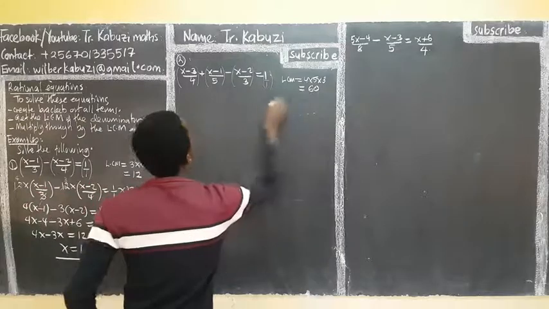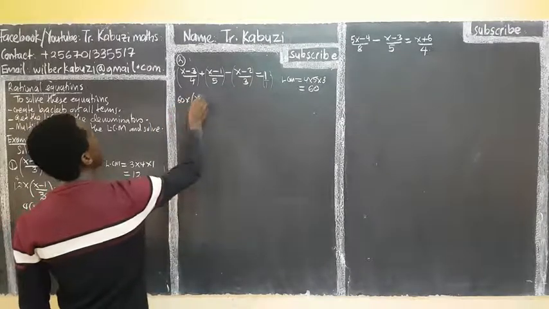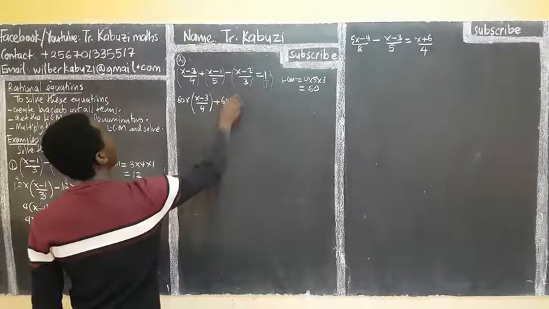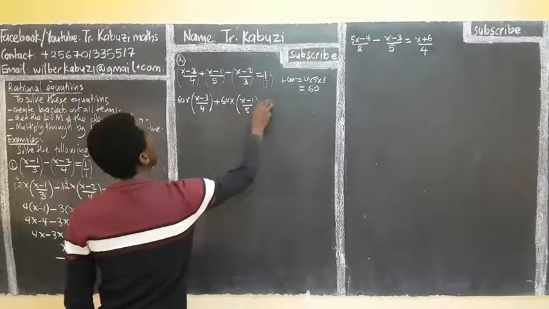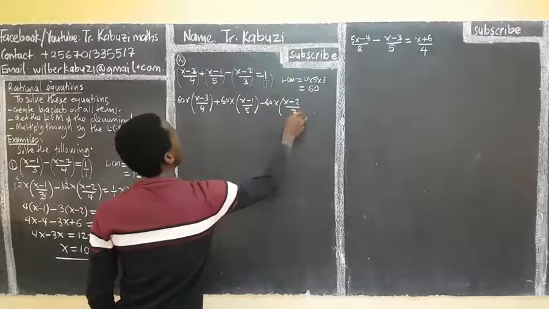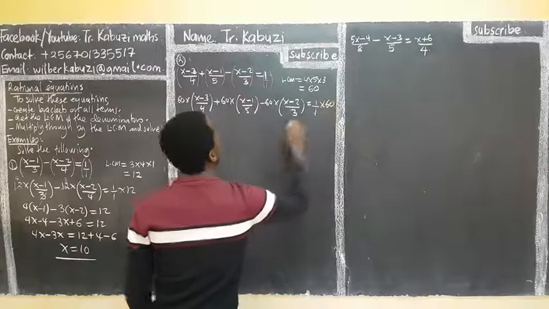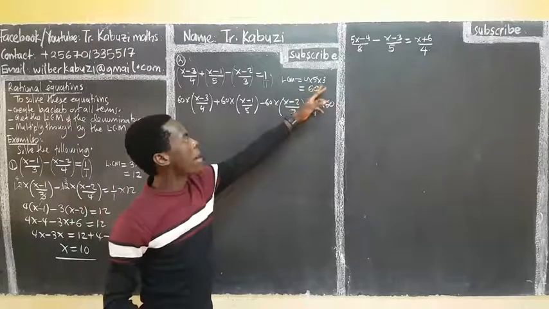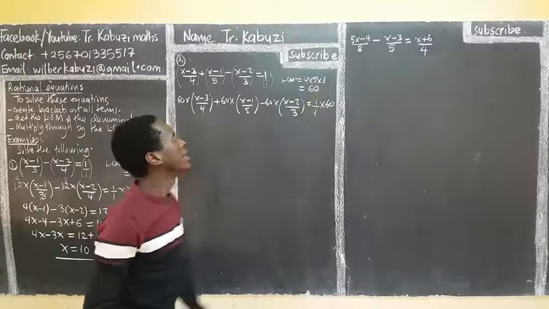Now, after getting our 60, we multiply it by the 60. So 60 times over 4 times 60. We do multiply to remove denominators. Why? Because this LCM multiplied means that all these ones are going to be factors of this 60.